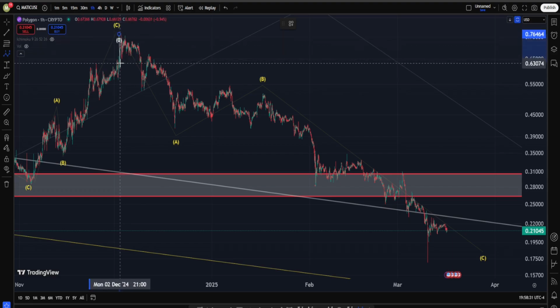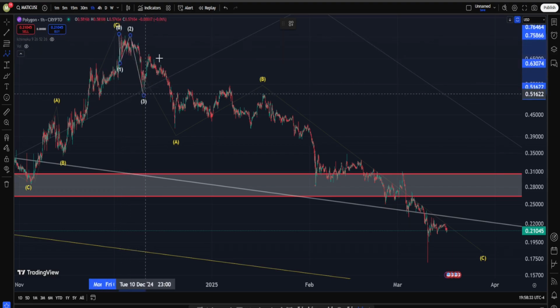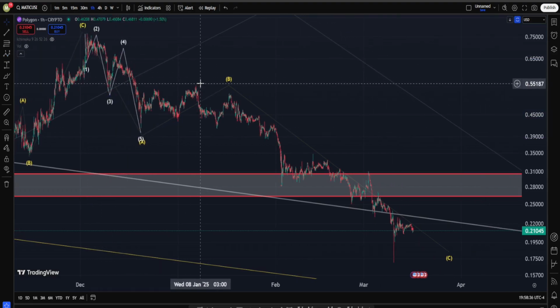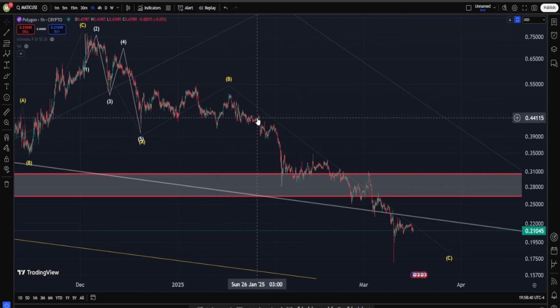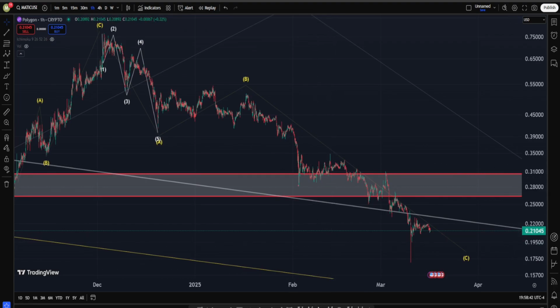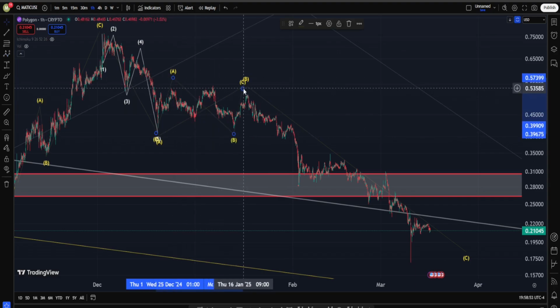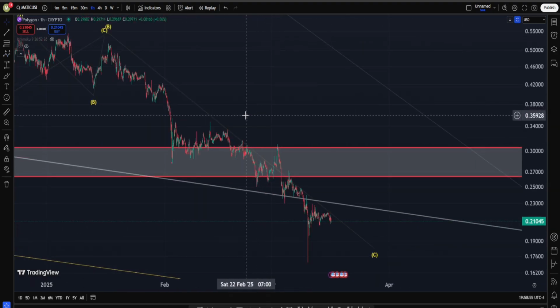From this point, I think we can all say this is a 1, 2, 3, 4, 5 wave down, very clear one. Followed by that, you can consider different possibilities in here, but I think because in this phase up we are having probably a 1, 2, 3, 4, 5, I'm going to say this was starting from this point and ending at about here, an ABC in form of a running flat structure.